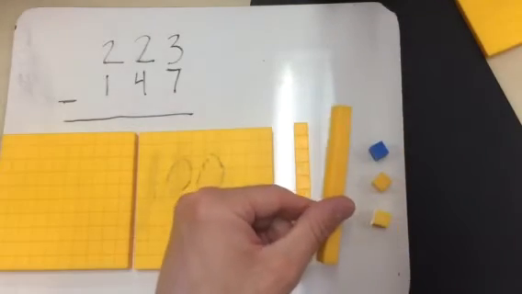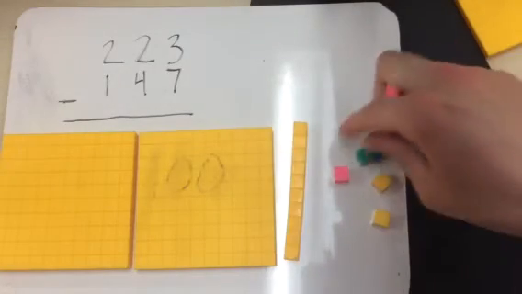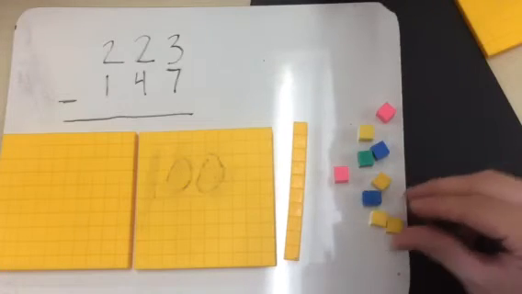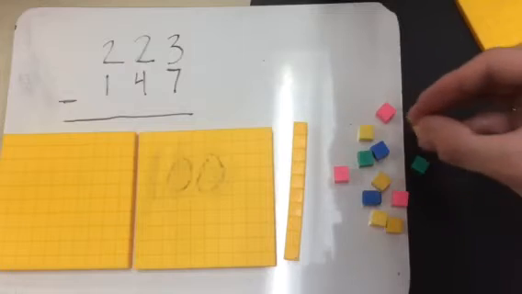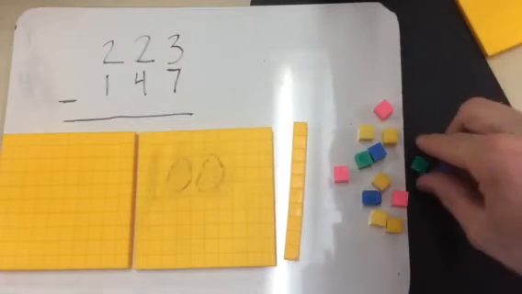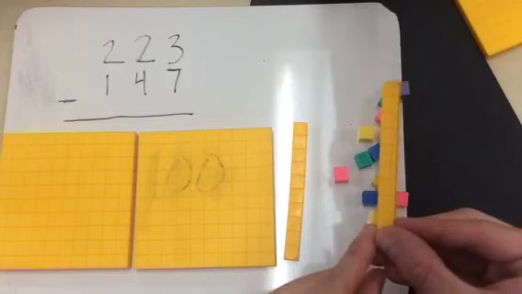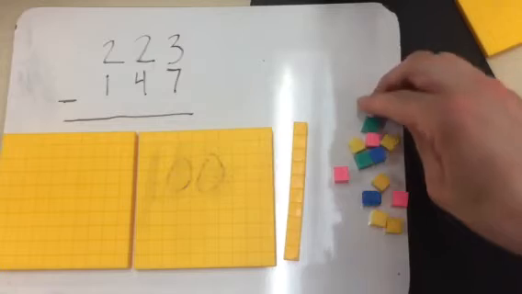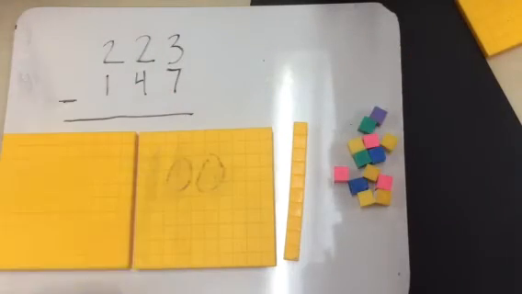Okay, so we're going to break this up into 10 pieces. 1, 2, 3, 4, 5, 6, 7, 8, 9, 10. Okay, so we just took one of our groups of 10 and made it 10 individual units right here. Okay, all right, so now we can take away 7 from our individual units.